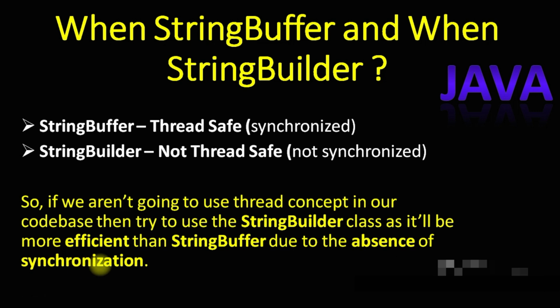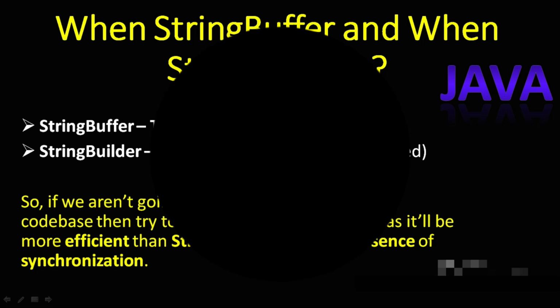So if you don't want to use string due to immutability, you can use string buffer and string builder, and if your code base is not related to any thread concept, then better use string builder. So I hope you understand what is immutable, what is mutable, and how we can use string buffer and string builder, and when we use string buffer and when we use string builder.